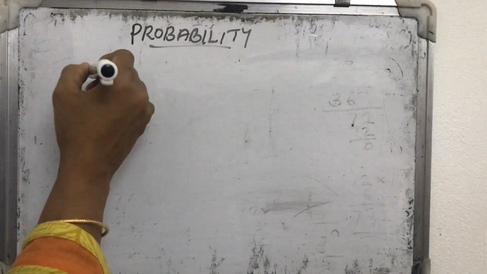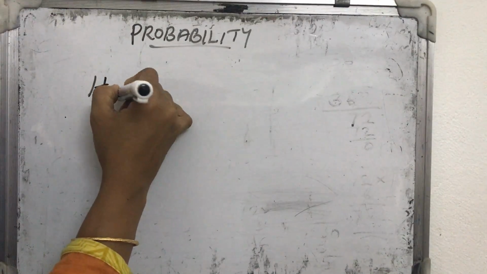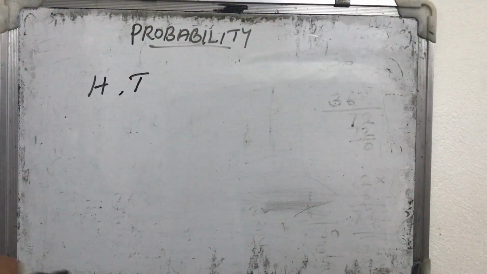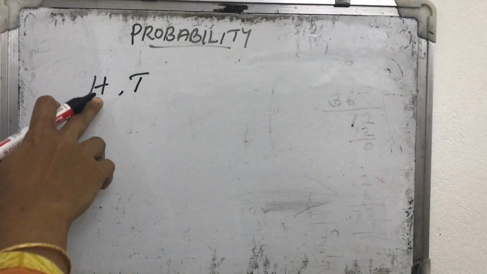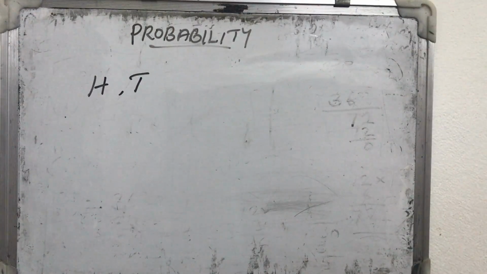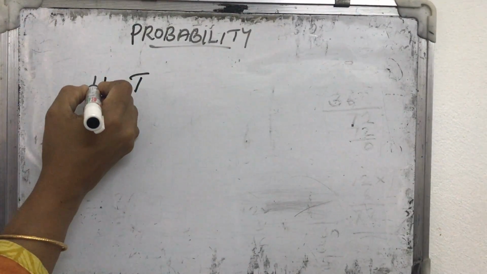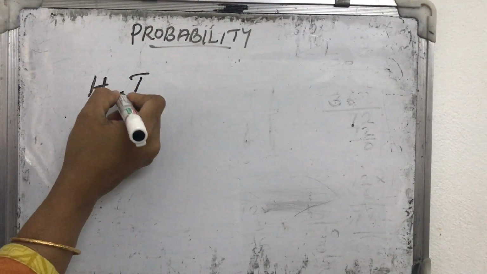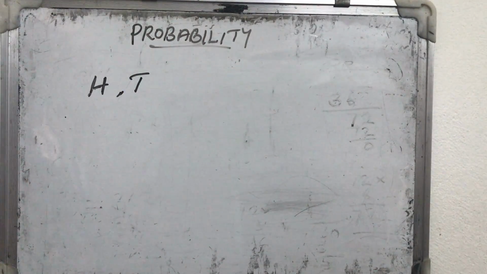Two chances are there when we toss a coin, because there are only 2 sides. The first time, head will be on top, otherwise tail. Only these two chances are there for tossing a coin. So we can say the outcomes in this event are: one outcome is head, another outcome is tail.